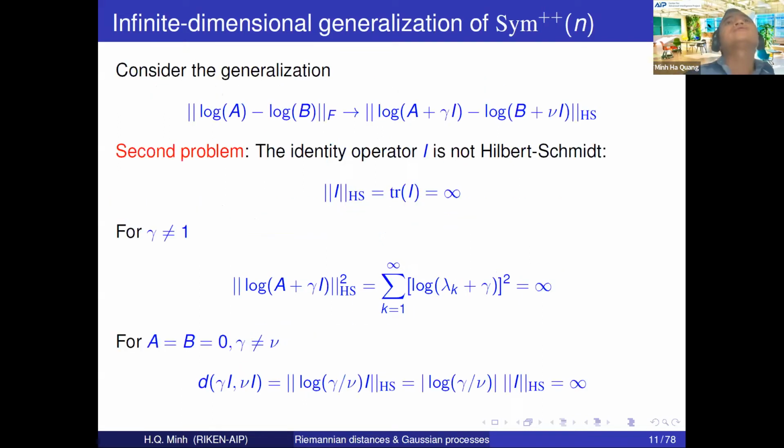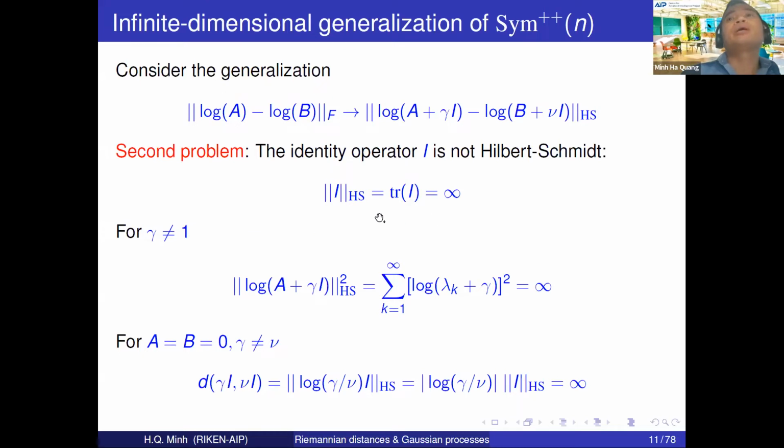So let's move on to the second problem. Now, instead of log A minus log B in this form, we can consider log of A plus gamma I minus log of B plus mu I with the Hilbert-Schmidt norm. But the problem is that this quantity is in general not finite, because the identity operator is not a Hilbert-Schmidt operator.